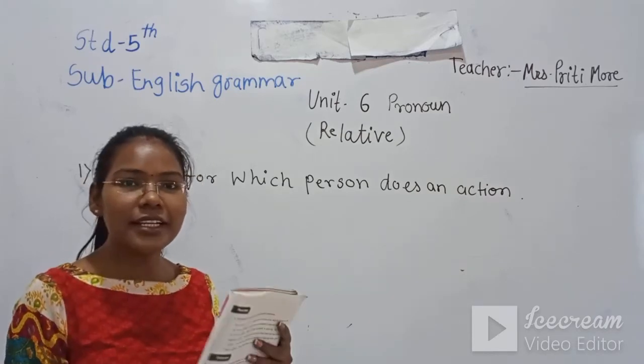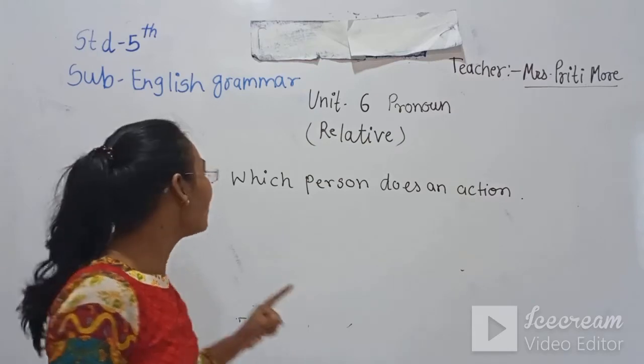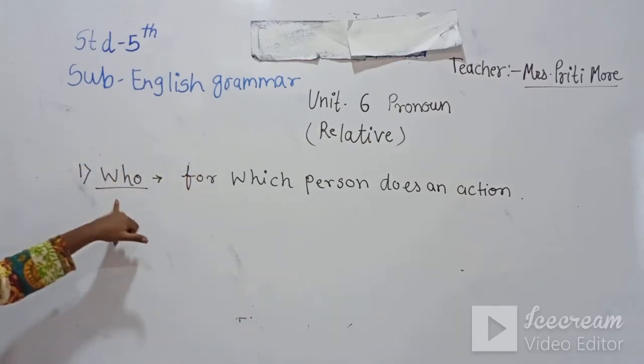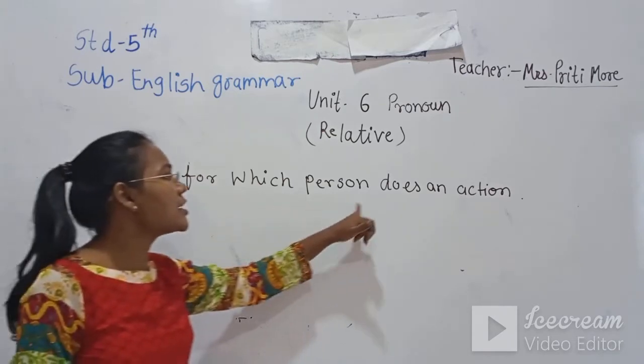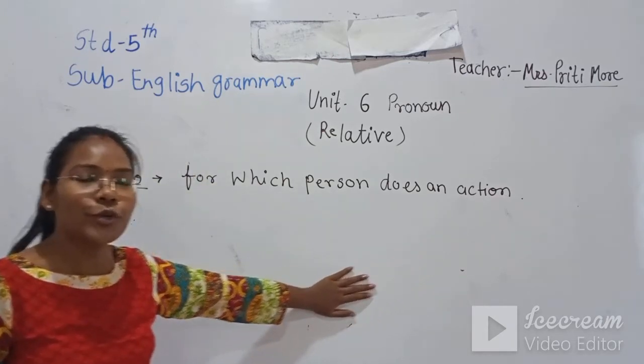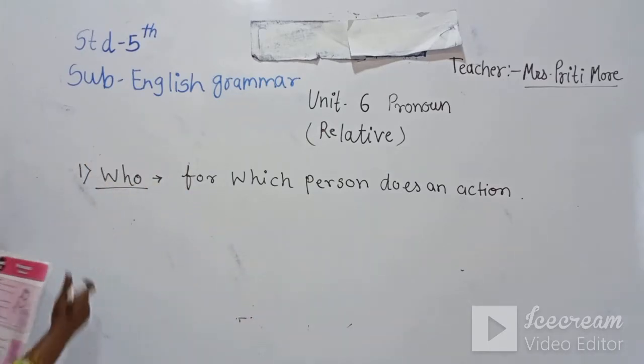That means in that sentence, who is doing the action? The woman. That means there also we have used this who, because we use who for which person does an action. For doing the action, the person in the sentence, we use who.